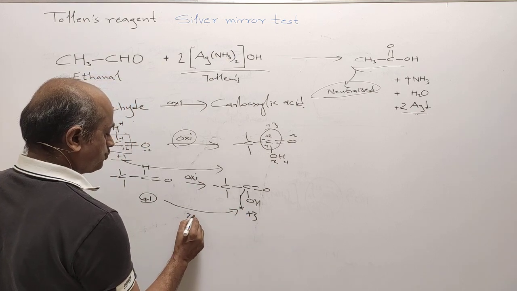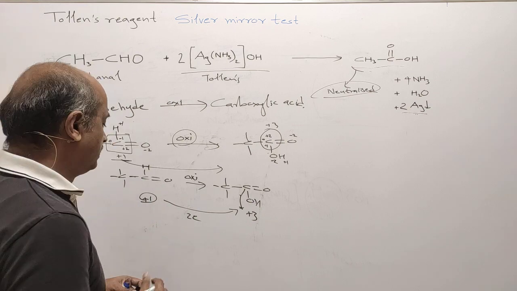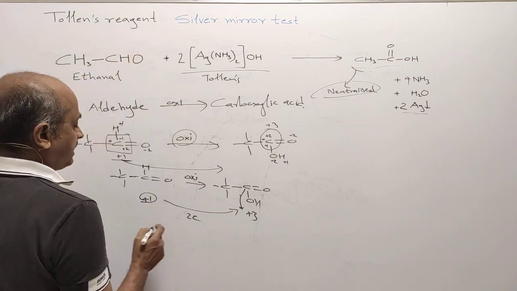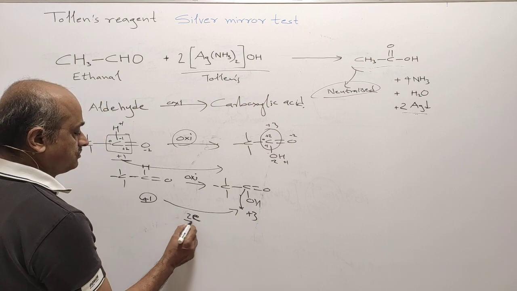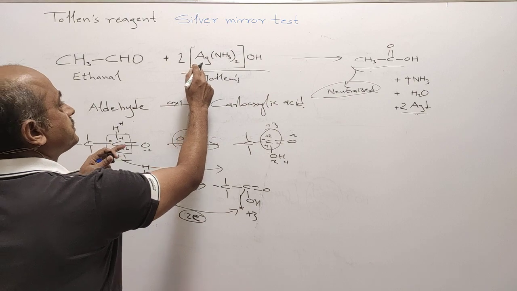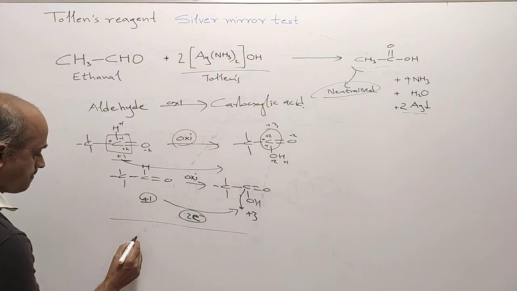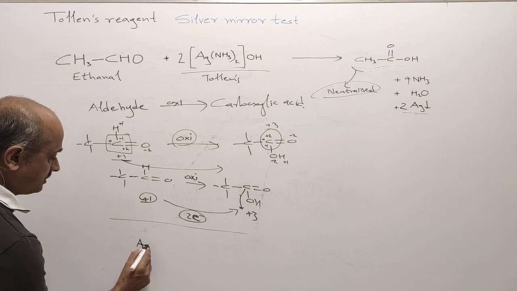So each molecule, it should be considered as a mole. So 1 mole of aldehyde will require 2 moles of electrons. 2 moles of electrons.